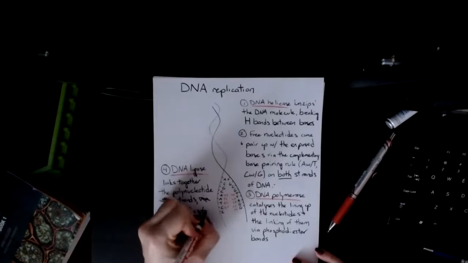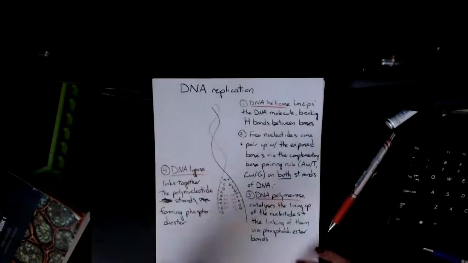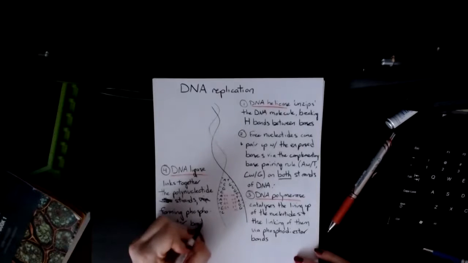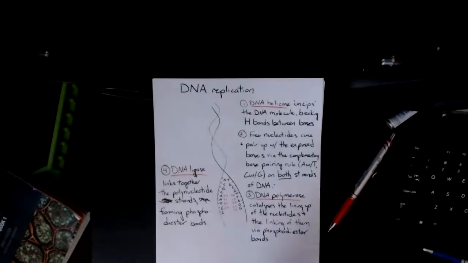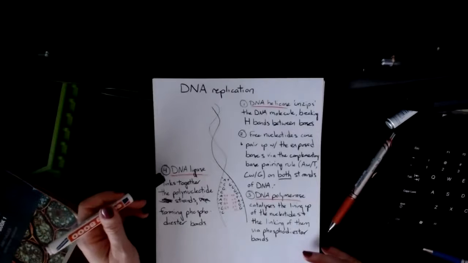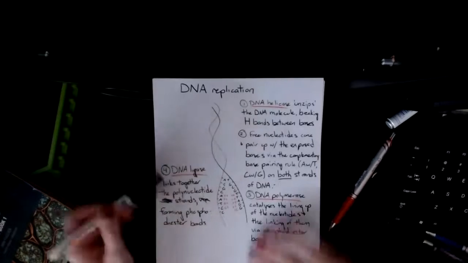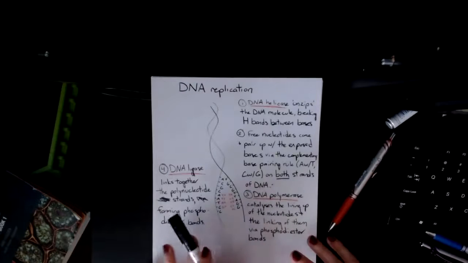And if you're really concerned about this, don't be, because on mark schemes, they do not particularly care. As long as you have one of these enzymes mentioned in the correct location, they don't really stress about which one of these is forming the phosphodiester bonds. As long as you have a correctly named enzyme, that's usually worth a point.